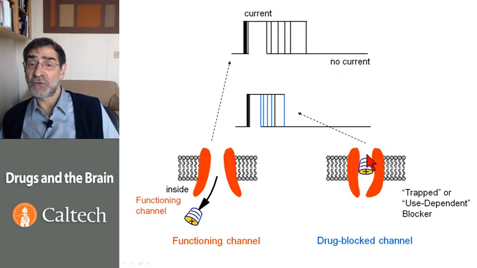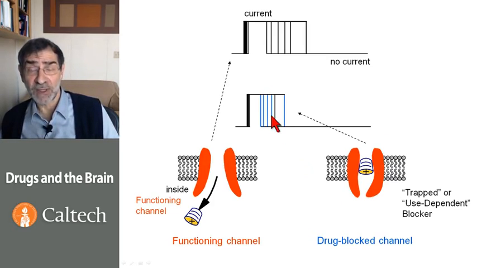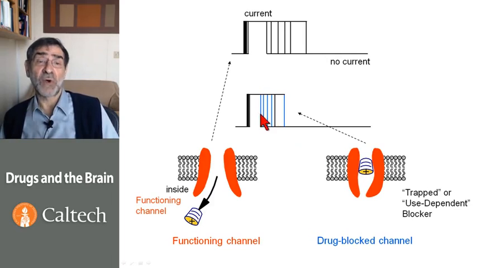And when a blocking drug is present, that blocking drug can stop the conduction. It doesn't necessarily close the channel. It gets trapped by the inactivation flap. So all of the blue downward deflections here are the drug blocking the channel.